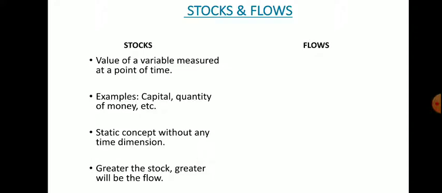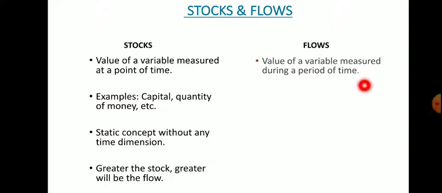Now what is flow actually? We need to know that also. Flow variables are those variables which are measured over a period of time or during a period of time. In case of stock we are considering a point of time, and here a period of time.